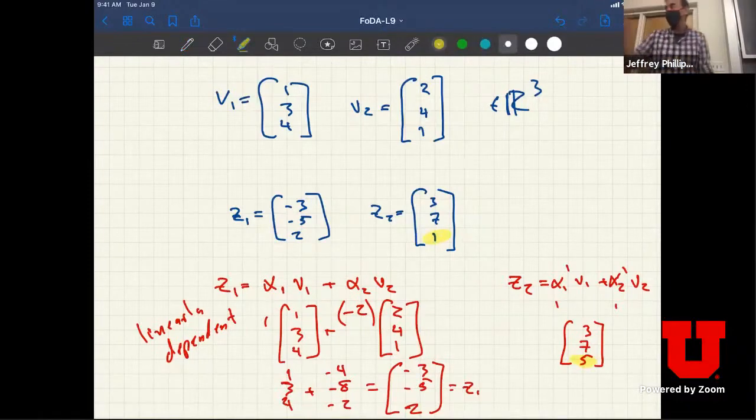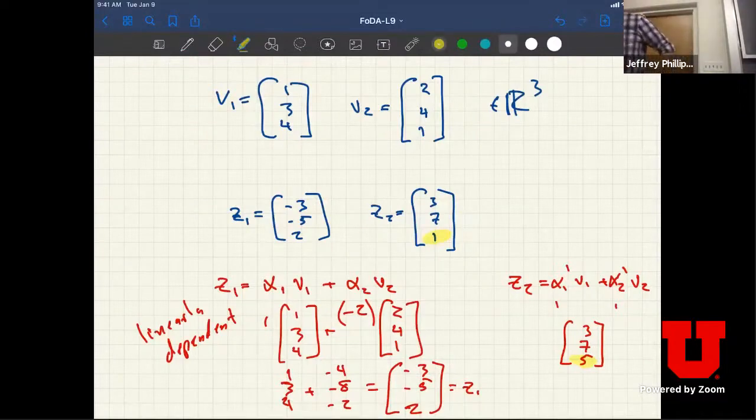So I matched the first two, right? I could try making alpha 1 smaller and alpha 2 bigger, and they could maybe cancel out. But if I trade off, the last one is always going to be wrong. So I can't set alpha 1 and alpha 2 any way to get all 3 coordinates to match at the same time.